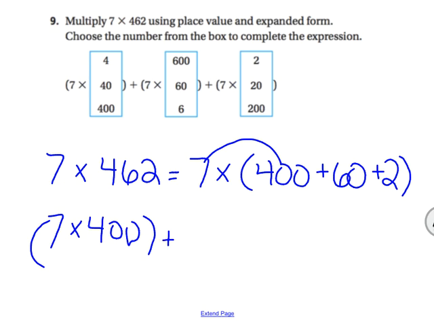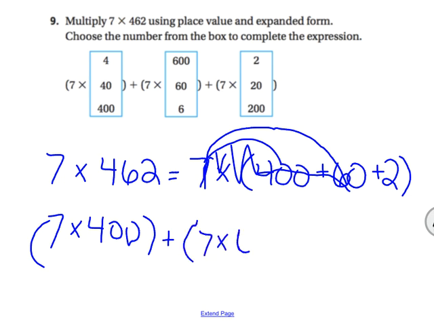That 0 was a little droopy there. Then I go back and I'm going to do 7 times 60. Sorry for the mess. Smartboard is acting up. Plus, then of course I'm going to do 7 times 2.